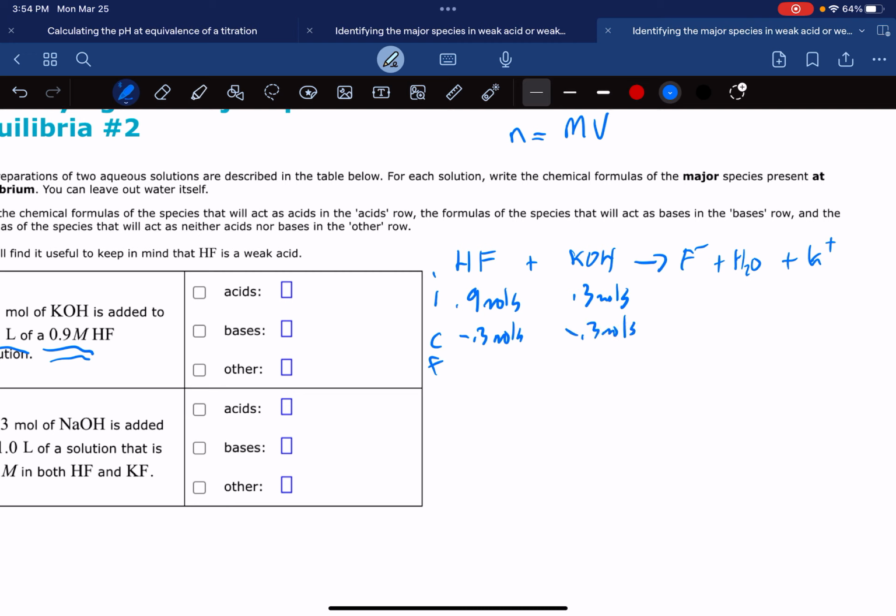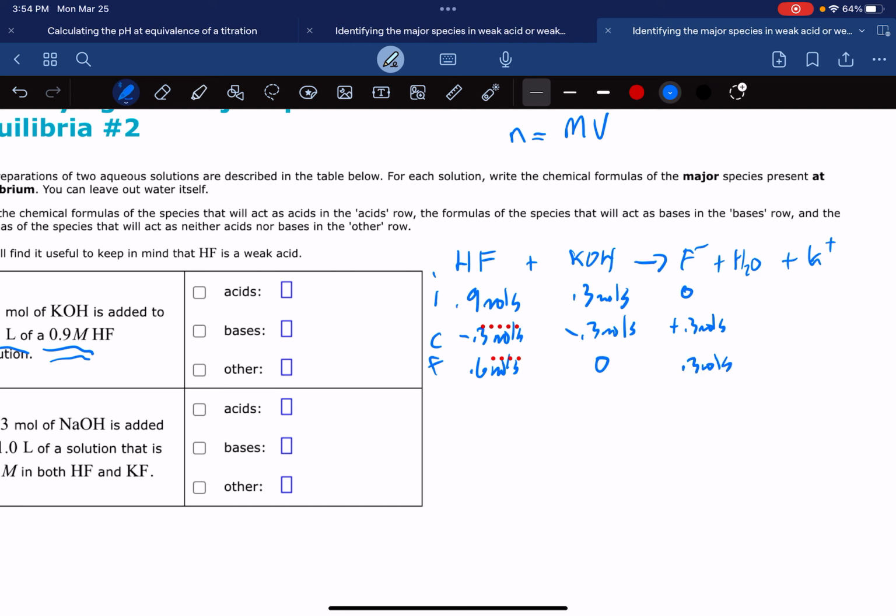And over here, we're going to gain 0.3 moles. So at the end of all this, we're going to end up with 0.6 moles left of our HF, none of our strong base, and our conjugate base we're going to have gone from 0 to 0.3 moles, and we're going to have some H2O, which they say to ignore, and we're going to have some K+.